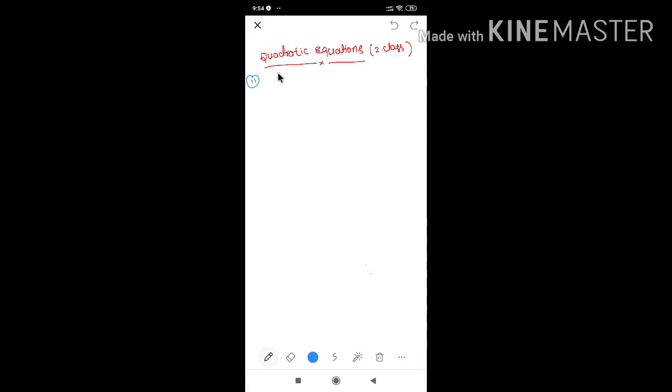Sign of the expression ax square plus bx plus c.